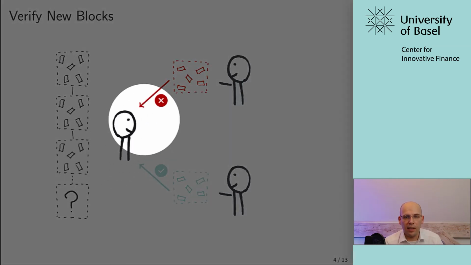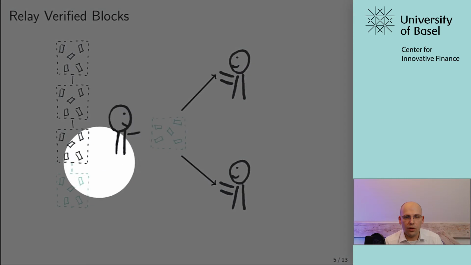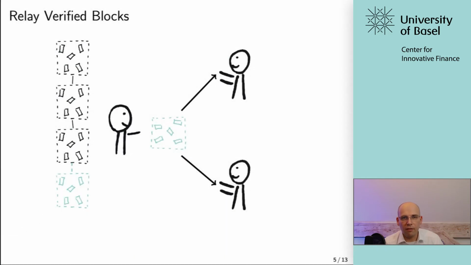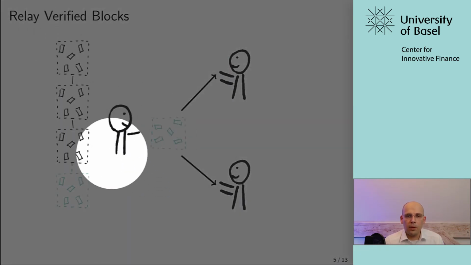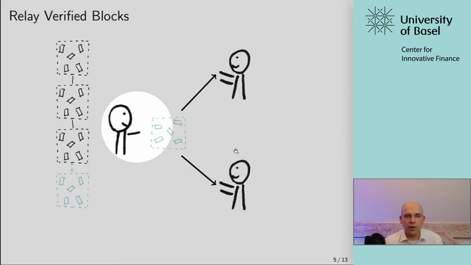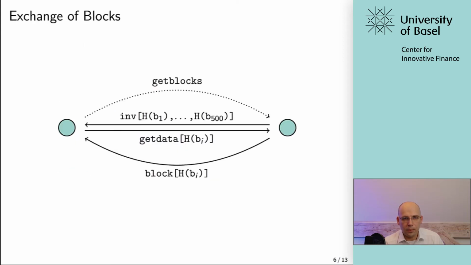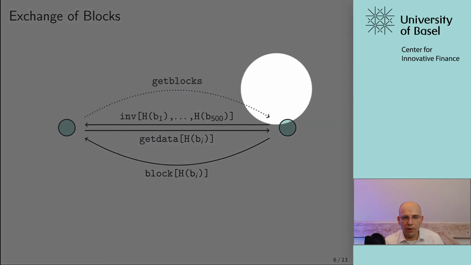And what will happen then is you add it to your local version of the blockchain. So you extend your local version, having added this block you just received and verified, and then you relay it to everyone else who's looking for it. So you basically provide this information to other peers in your network and contribute towards the propagation of the new information.